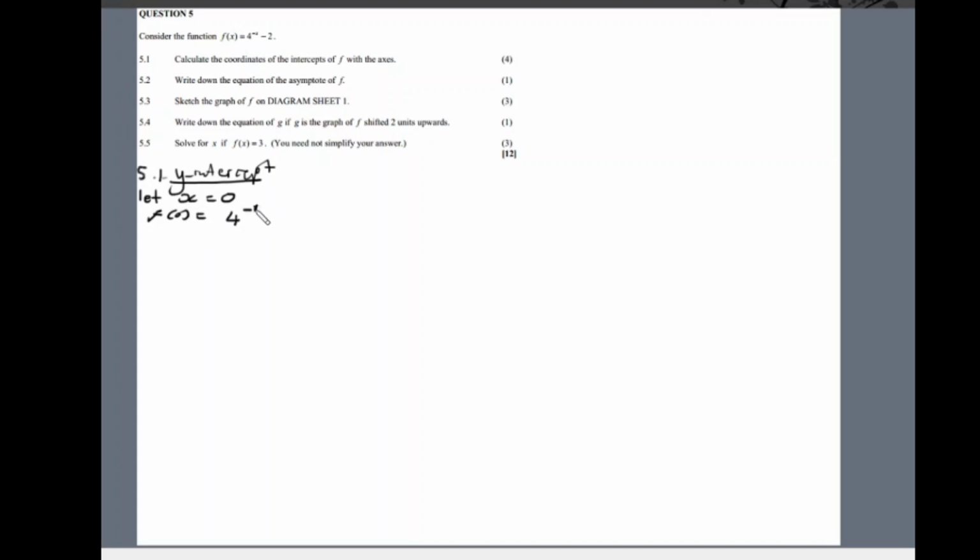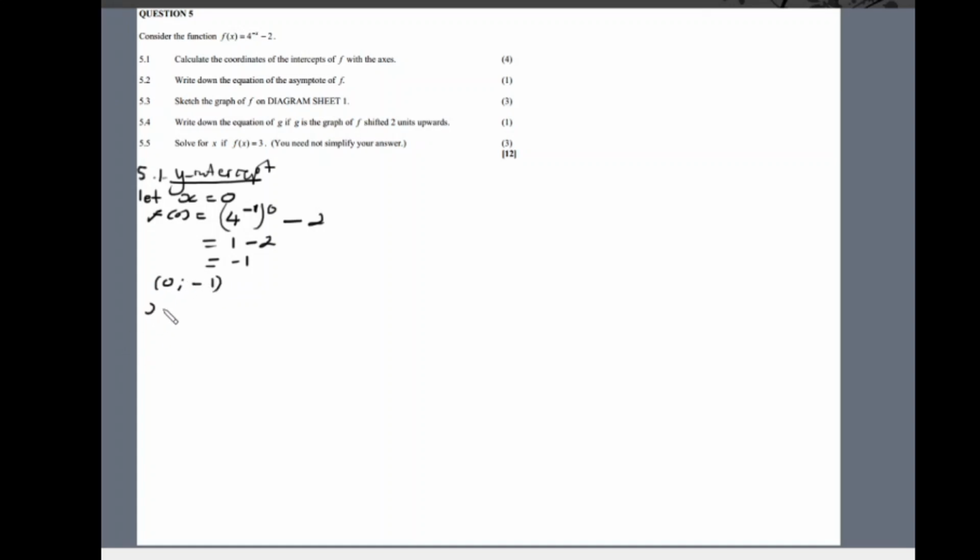So here it's 4 to the power 0, right? And then minus 2. We know that anything raised to the power of 0 is 1, so here we'll have 1 minus 2, and then our answer will be minus 1. So the coordinates of our y-intercept is 0, minus 1, right?